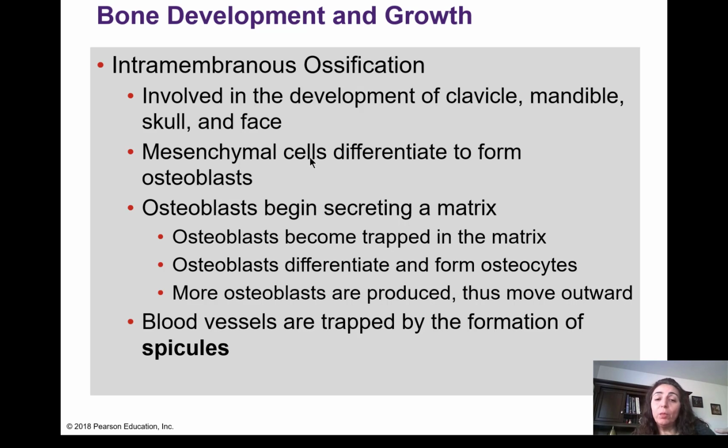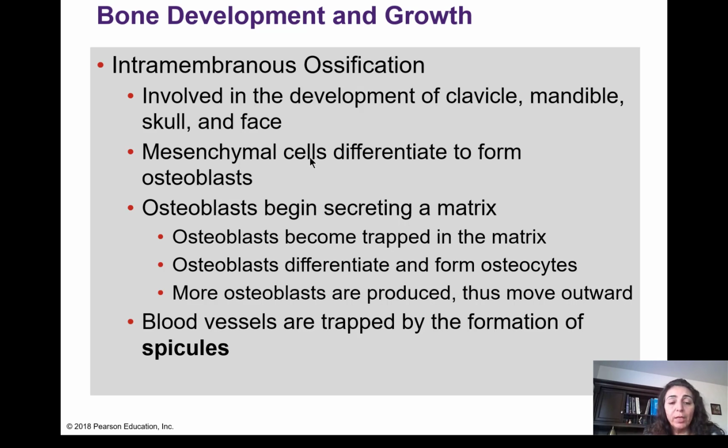Those mesenchymal cells differentiate to form osteoblasts. Then osteoblasts begin secreting a matrix and all the other things we discussed. Then they become trapped in their matrix and differentiate to form osteocytes, and more osteoblasts are produced.